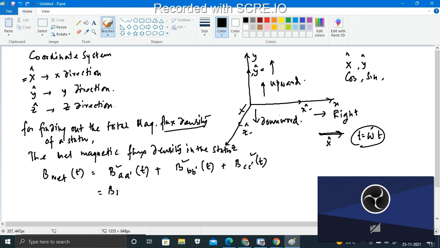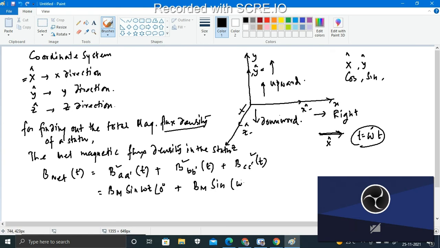That will be BM sine of omega t at an angle 0 degree, plus what will be my B b dash t? Can anyone tell? BM. Sir, sin omega t minus 90 degree.